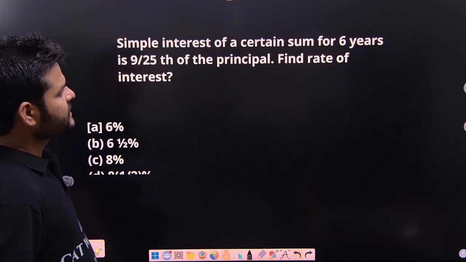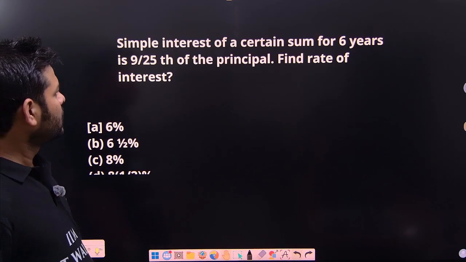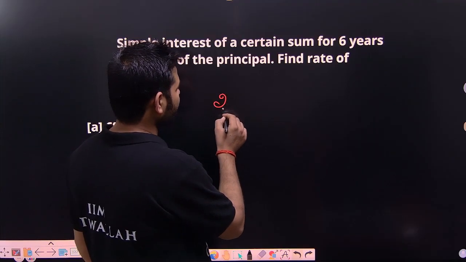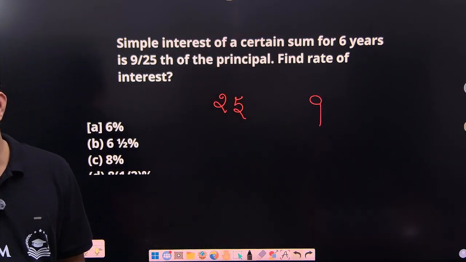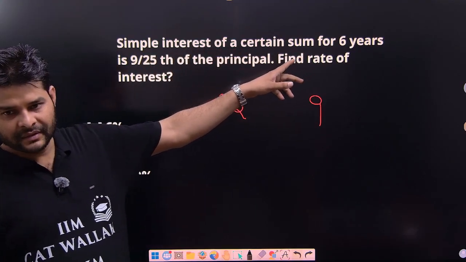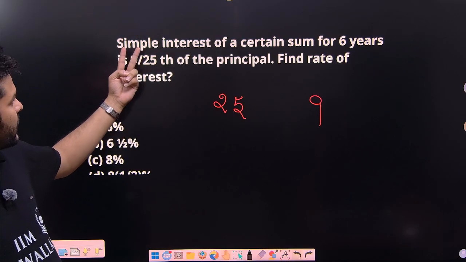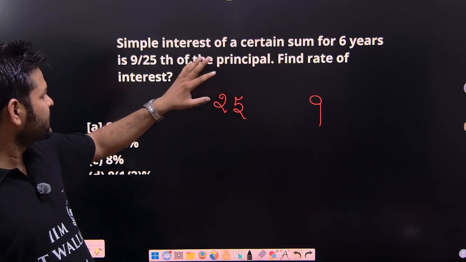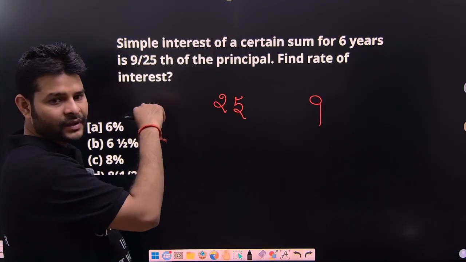Simple interest of a certain sum for 6 years is 9 upon 20th of the principal.